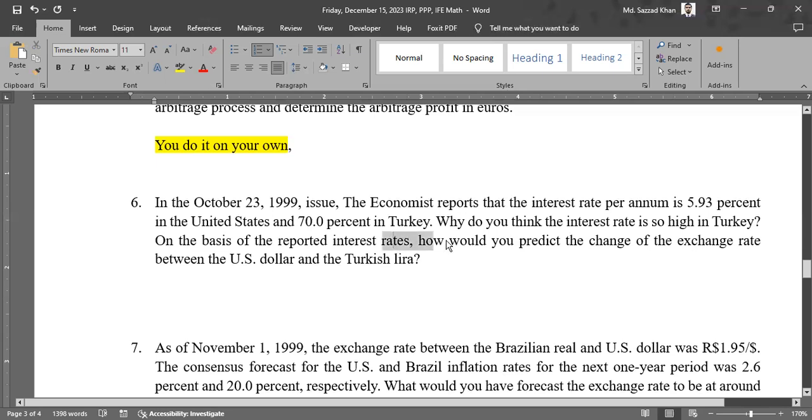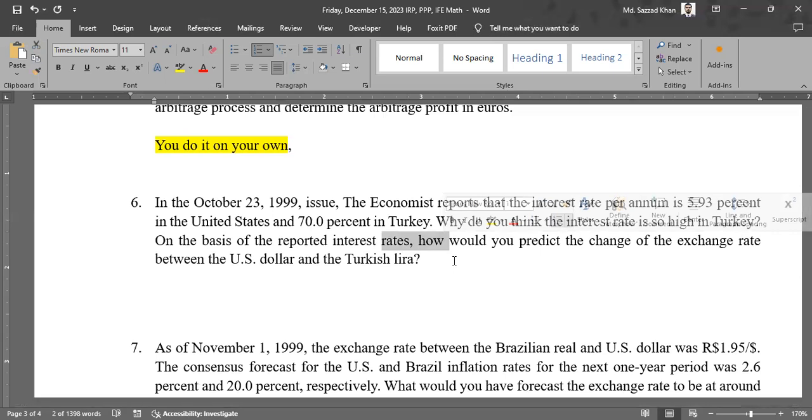So when we try to make the relation of interest rate with the exchange rate, what comes to mind first is the Fisher effect. Irving Fisher was the first to identify this relationship between the interest rate and the exchange rate.